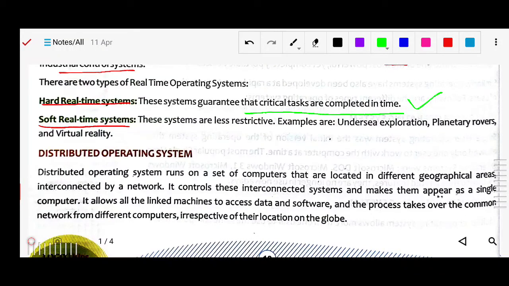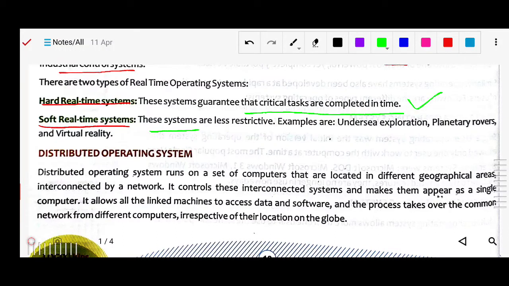And what is a soft real time system? These systems are less restrictive. Examples are undersea exploration, planetary rovers, and virtual realities. Here a delay of some seconds is possible, so no problem.